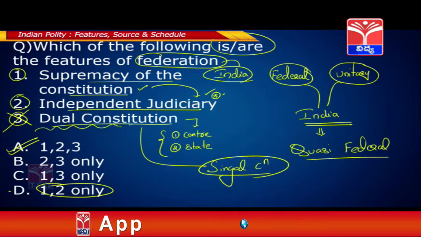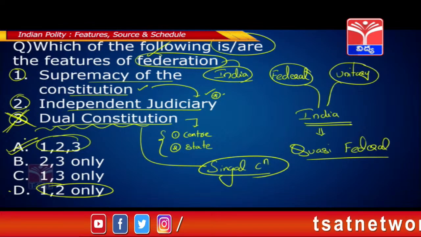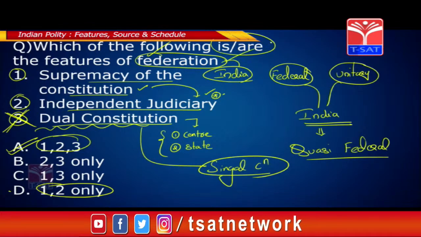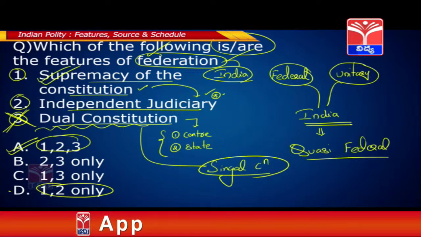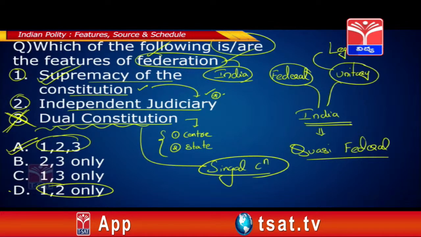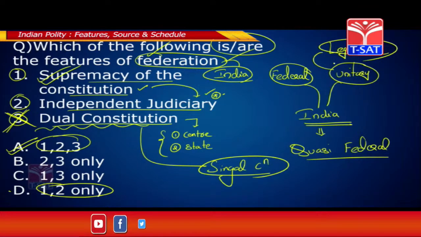Even though dual constitution is a feature of the federation, in India there is no dual constitution. That is the meaning here. Supremacy of the constitution is a feature of the federation. In a unitary country, there is supremacy of legislature. We have legislative supremacy.